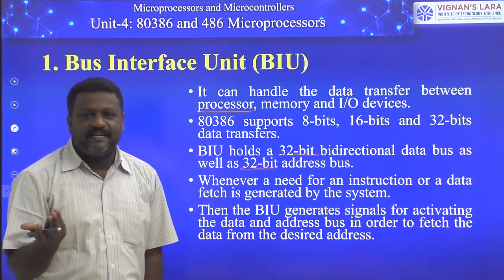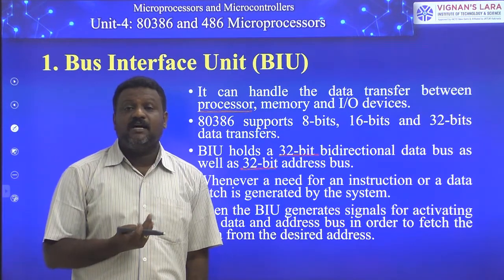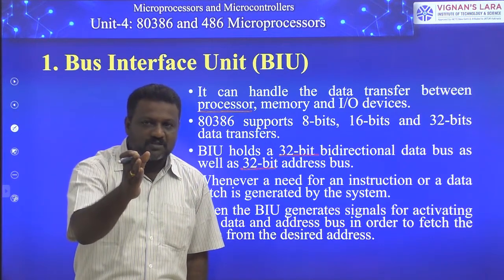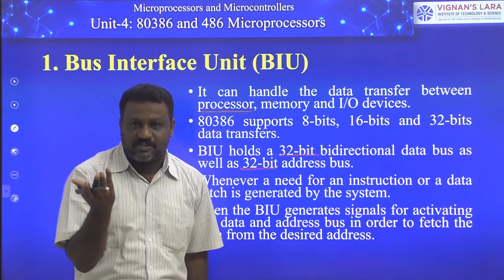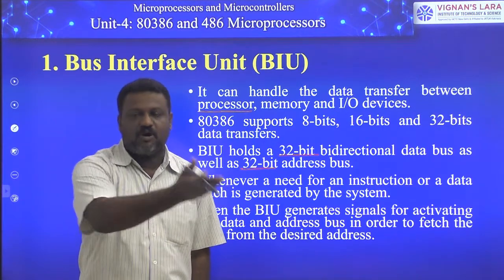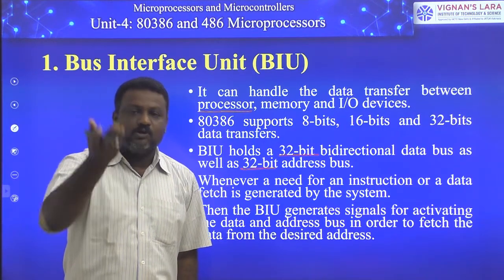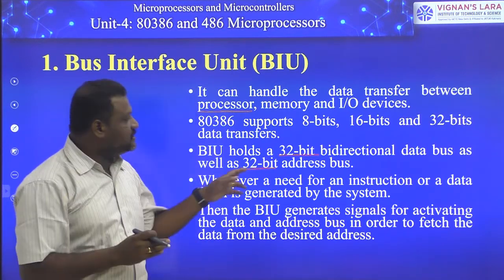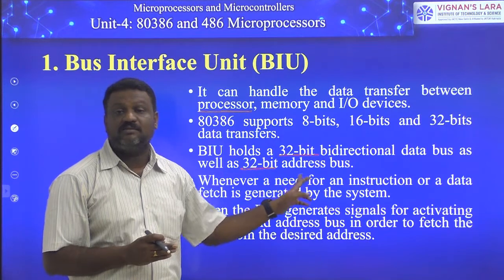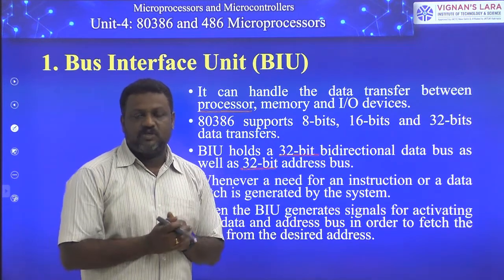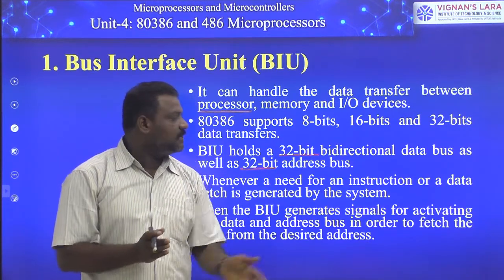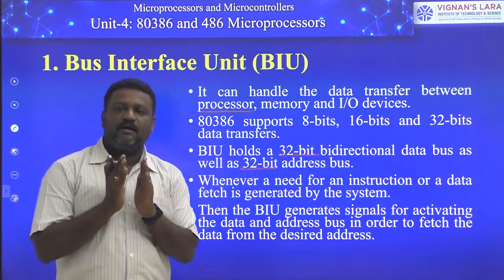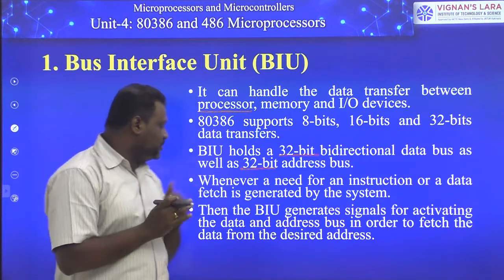So before transferring data to or from an I/O device or a memory, the first thing my processor does is generate an address, the address of an I/O device or of a memory location. Whatever address my processor generates is carried by these 32 address lines, the 32-bit address bus. So your 80386 has a 32-bit bidirectional data bus and a 32-bit address bus, which is unidirectional.